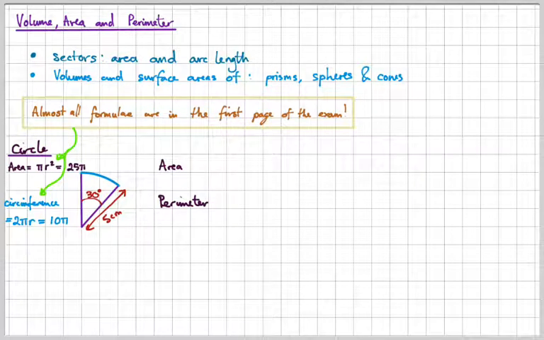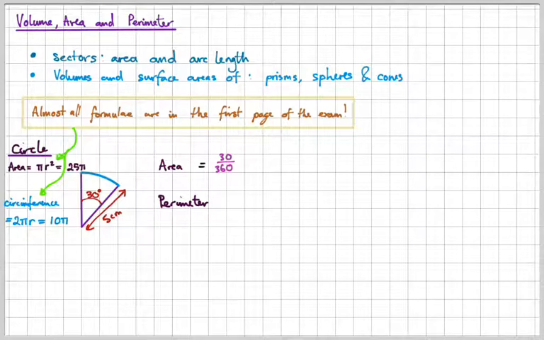What fraction of the whole pizza is it? Well, it's just 30 over 360. 30 is the angle we have, and 360 is the total angle. So that's the fraction of the circle that we're working out.